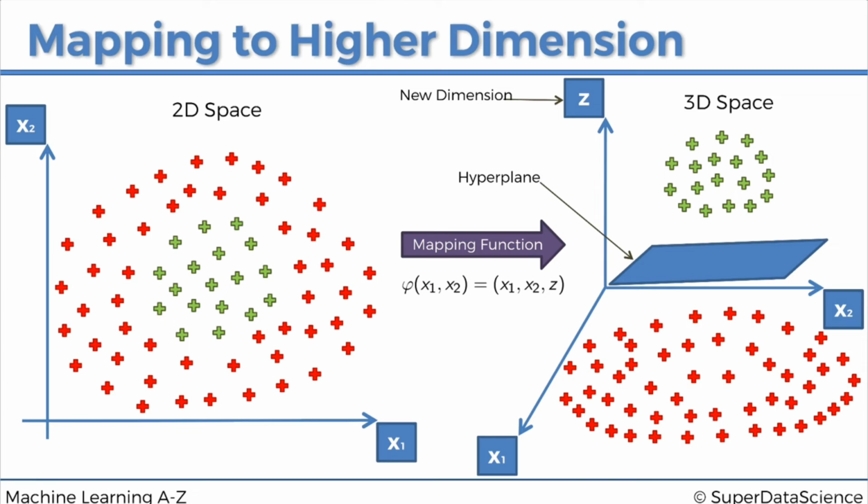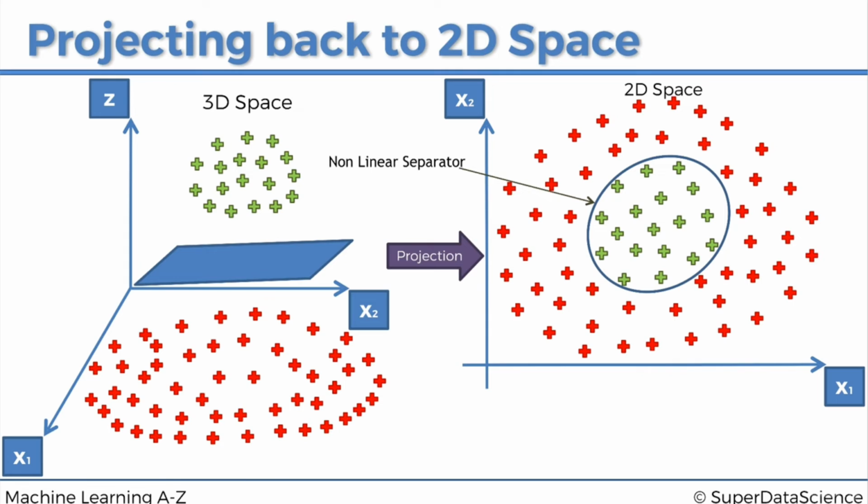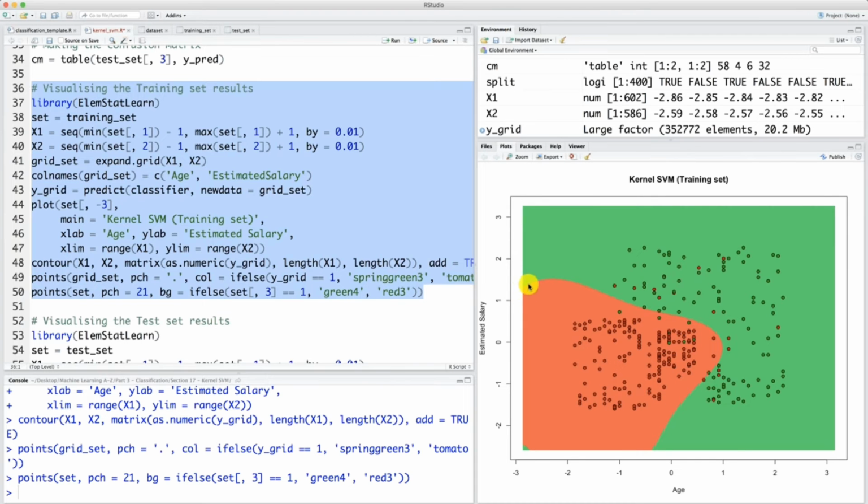And then in this space, it managed to make the data linearly separable so that it can find a linear hyperplane that separates in a much better way the two classes, and then it projected back to this 2-dimensional space to finally obtain this curve here that separates the two classes in a much better way than a linear classifier would do with a straight line, as we saw for logistic regression or SVM with the linear kernel.